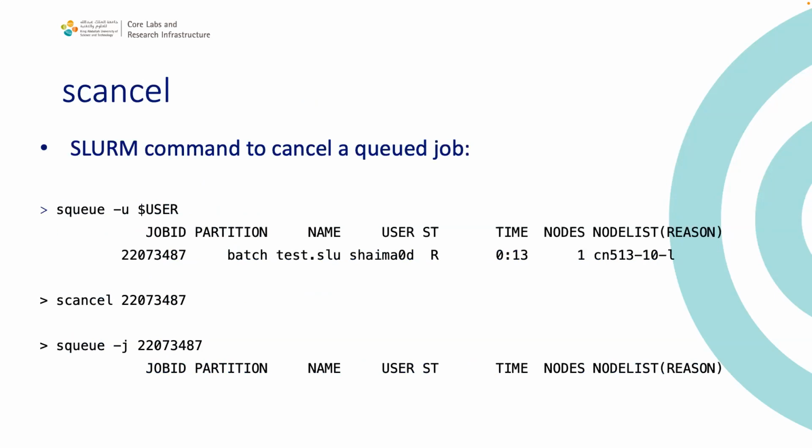Okay, what happens when I run something and I just want to kill it because I forgot to put some print or I forgot to generate some checkpoint or whatever? You can cancel. So in that case, scancel is also handy. You can use scancel with my job ID, or scancel with my user.